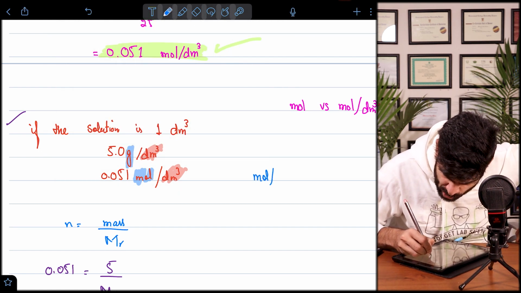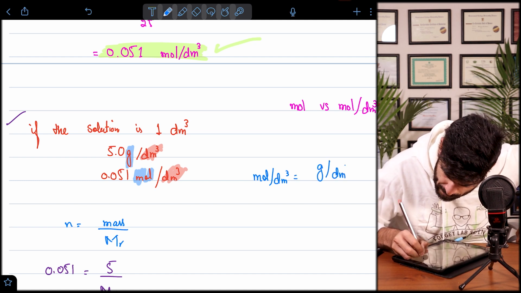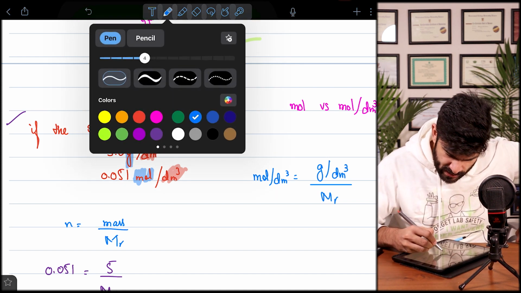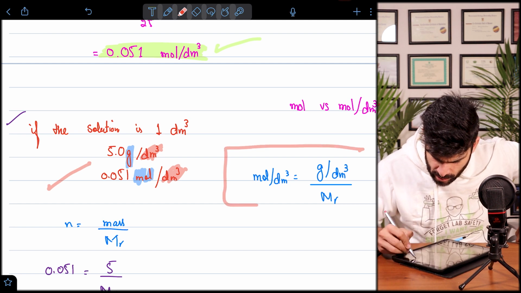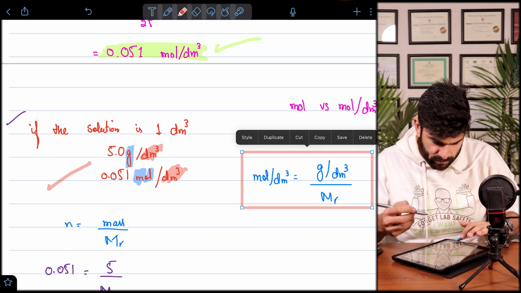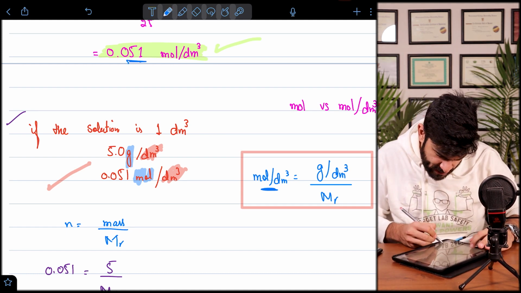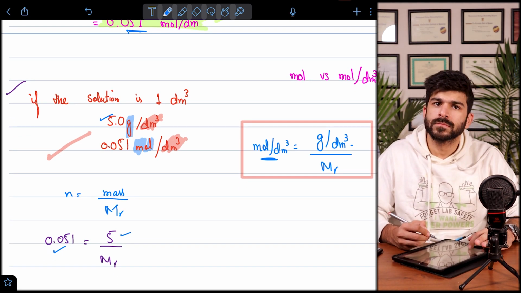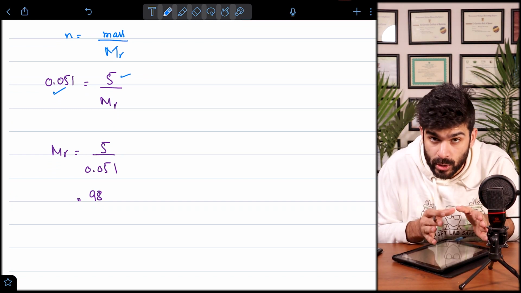Mole per dm cube equals gram per dm cube divided by Mr. So in case you still have difficulty understanding this concept, just incorporate this formula. As you can see, the mole per dm cube value, which is 0.051, is here. The gram per dm cube value, which is 5, is incorporated here. So that is how we calculated the Mr. Students, this is a very important question.